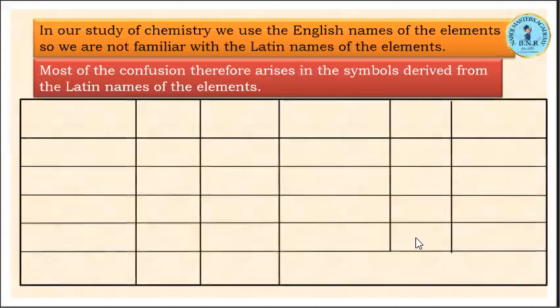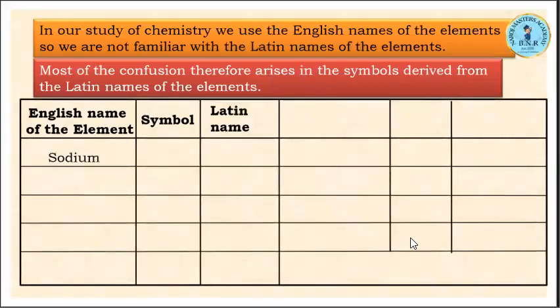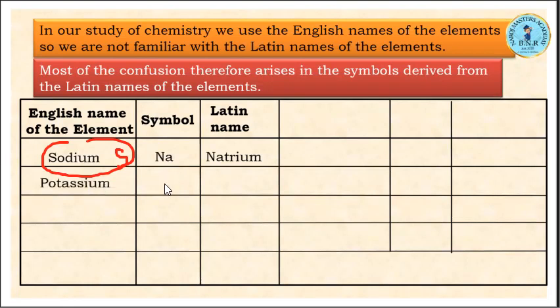For example, according to the spelling of sodium in English, we should write S, but the symbol of sodium is Na. Can you guess its Latin name? Natrium. And after sodium, what do we get? Potassium, K.